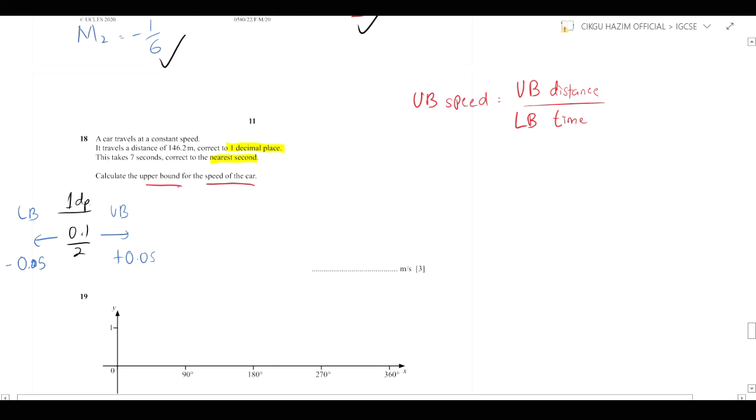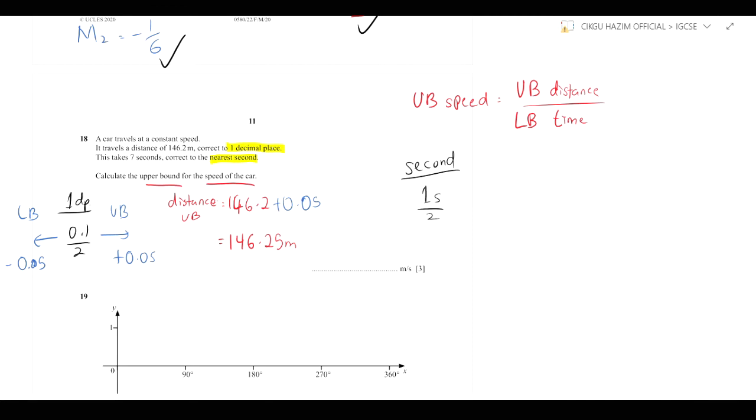Okay, so for your distance upper boundary, it's going to be 146.2 plus 0.05, since we wanted to know the upper boundary. That means your upper boundary for distance is 146.25 meters. Then how about for the second? We know that it is correct to the nearest second. Even though they do not say how many seconds, if correct to the second, it's just 1 second.